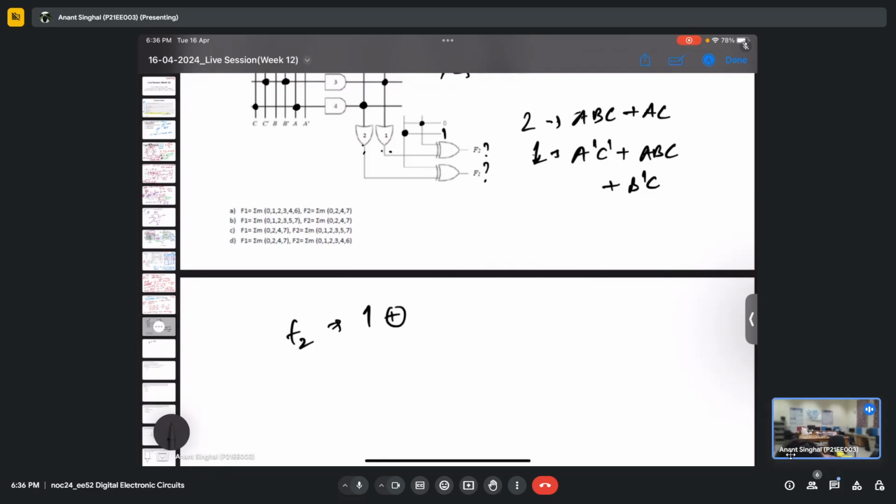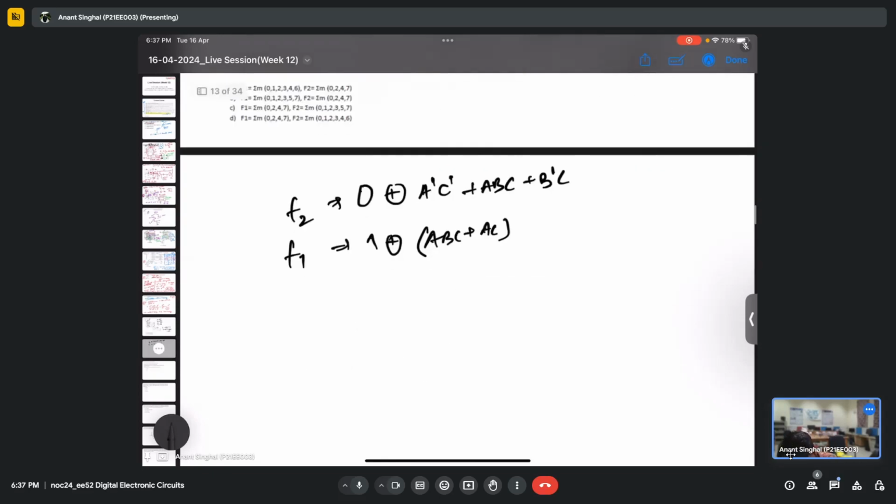So this is 1 now and this is 0, and 0 is getting XORed with 1, and 1 is the output. So 1 is this A complement C complement plus ABC plus B complement C, and F1 is 1 XOR 2, and 2 is this ABC plus AC.